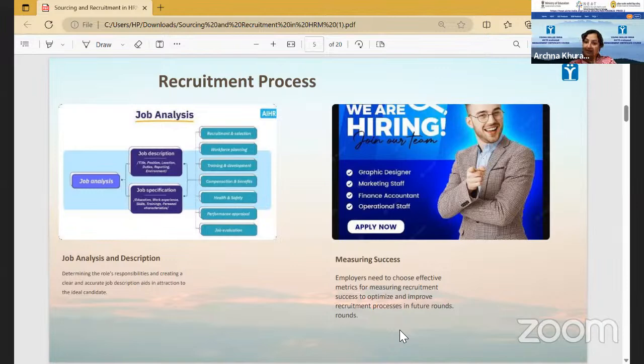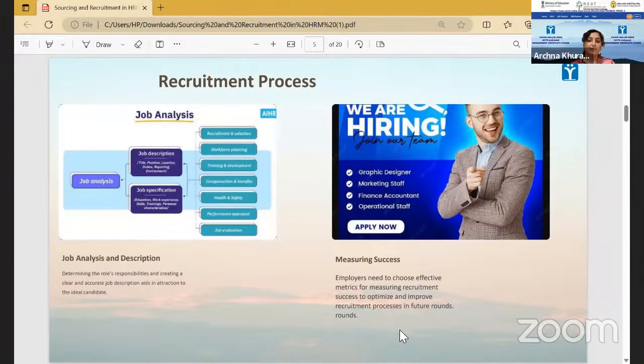Then your second point is onboarding. When new people join an organization, again as an HR, it's your responsibility to give them onboarding. We will do that topic again during this course, and we will tell you what kinds of different onboarding can happen, and how learning and development professionals can take onboarding to a different level and engage more employees.